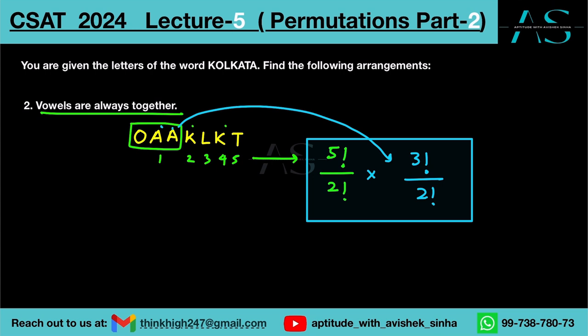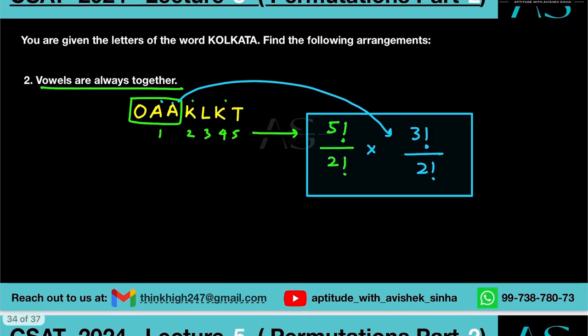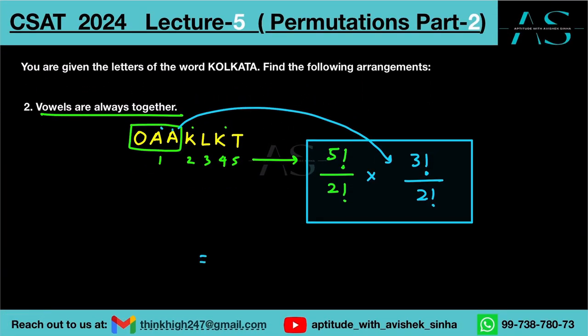Same logic, but with a different approach. I hope you are following this. If you solve this, what do you get? Let's solve this. So this is 120 by 2 into 6 by 2. 180 arrangements.